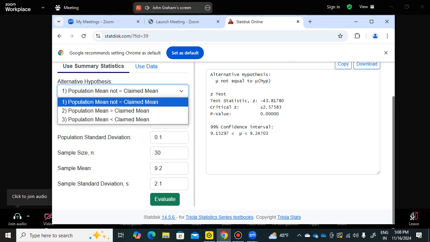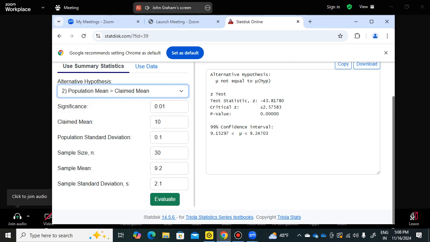First, the alternate hypothesis is that it is greater than the claim mean. Significance level 0.05. Claim mean 75. The population standard deviation is 10. Sample size is 50.